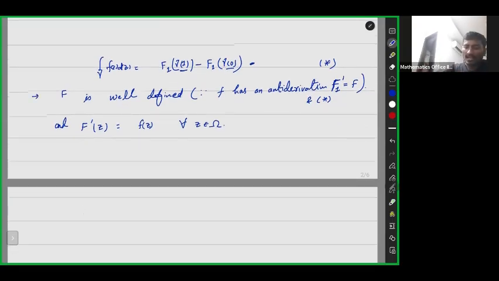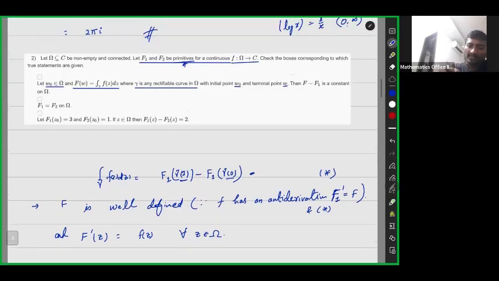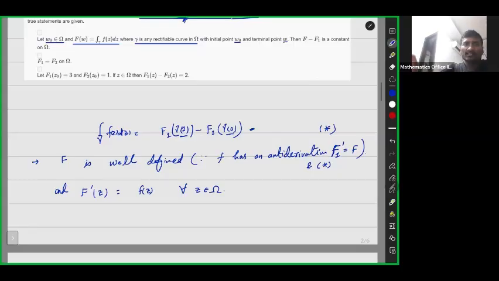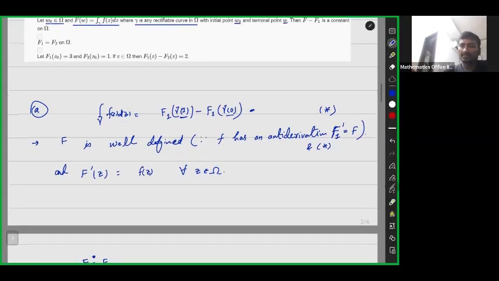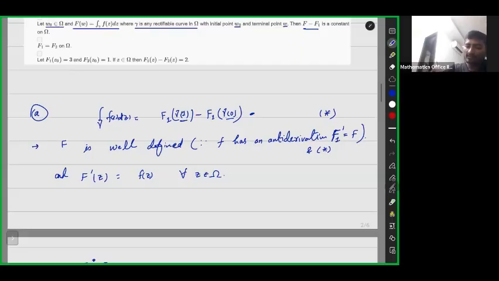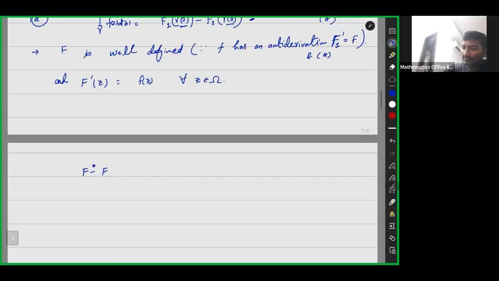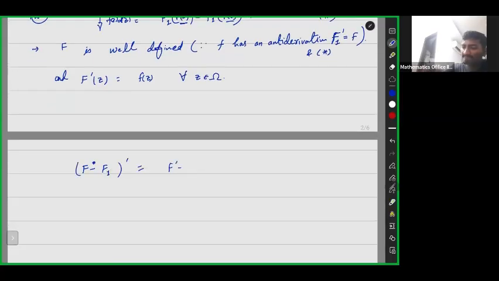How? You take F minus F1. This is what we need to calculate in the first part. F minus F1 is a constant function on omega. So you take F minus F1 and its derivative will become F derivative minus F1 derivative, evaluated at z, doesn't matter.